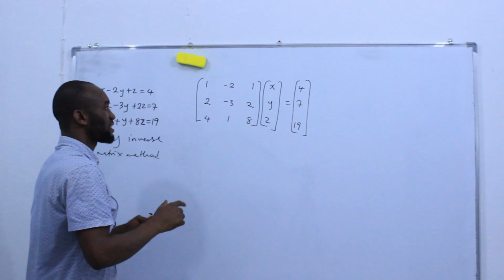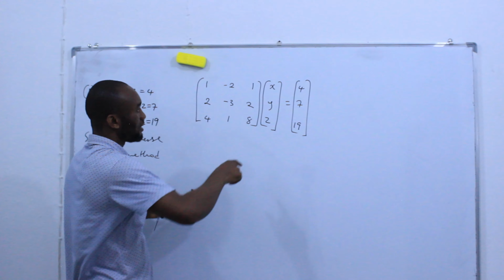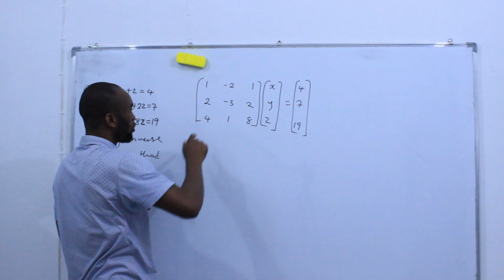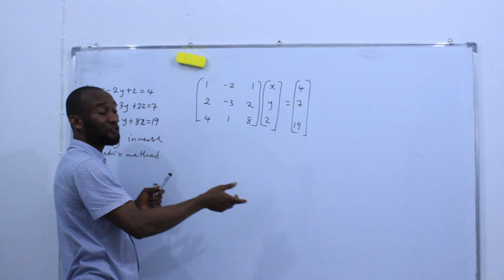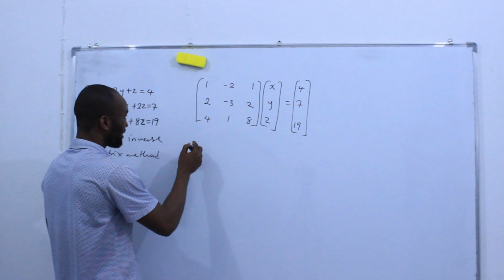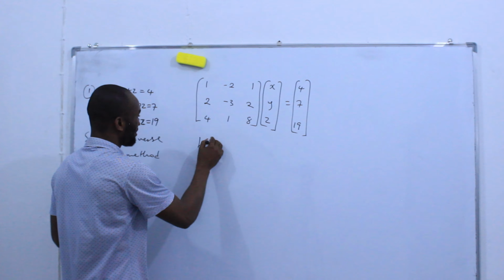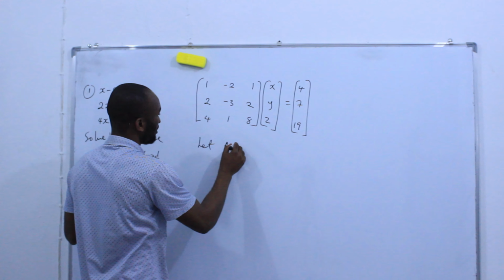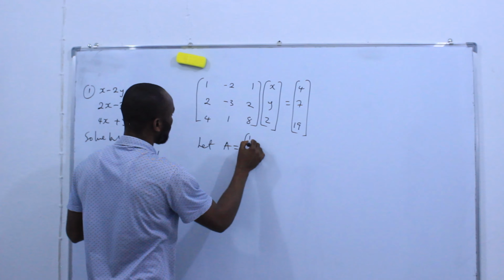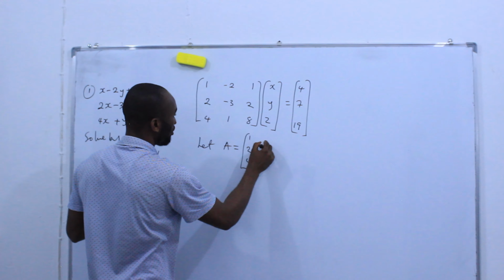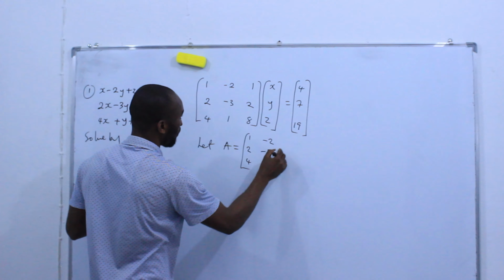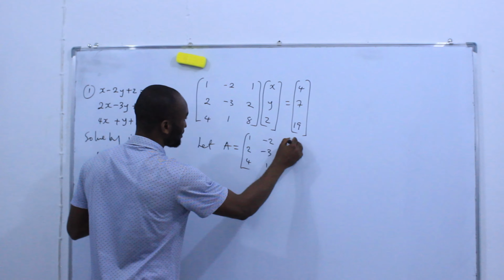So to find x, y, z, we need to multiply from the left-hand side by the inverse. Let A be the matrix 1, 2, 4, minus 2, minus 3, 1, 1, 2, and 8.